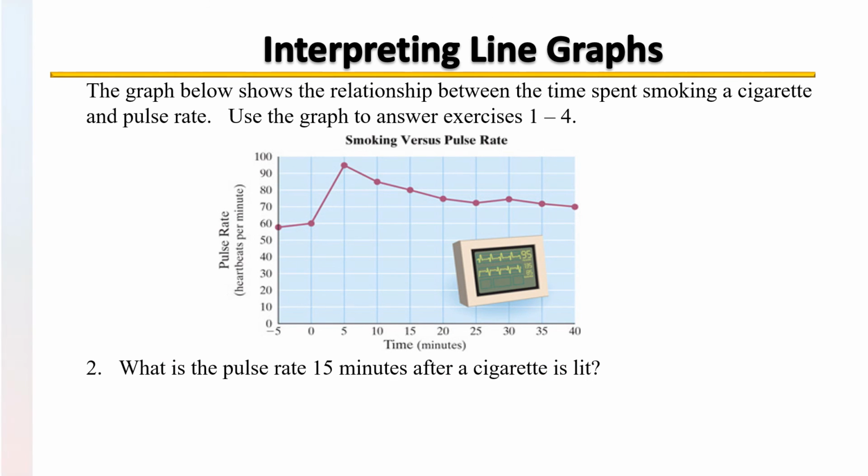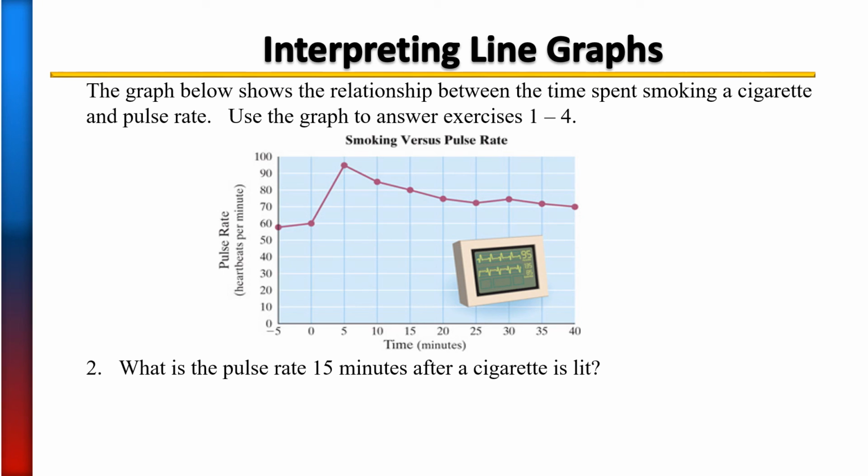Question number 2. What is the pulse rate 15 minutes after a cigarette is lit? To find out what the pulse rate would be, we first move to the x-axis where 15 minutes is, and then we move up to where we touch the graph. We know that the x value is time, 15 minutes.